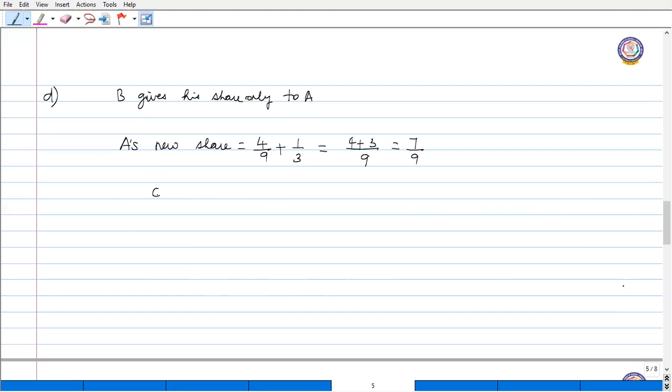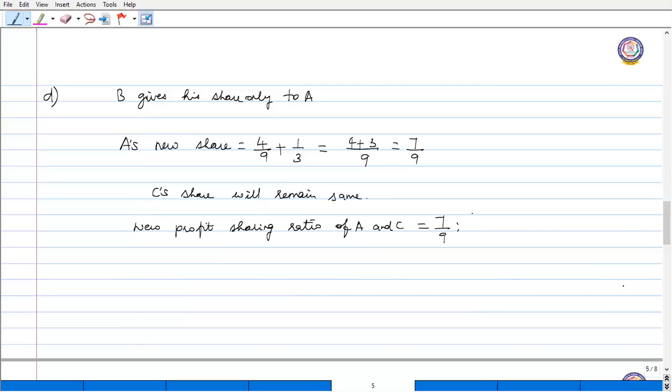C's share will be the same. C's share will remain the same because there is no acquisition of B's share by C. Thus, the new profit sharing ratio of A and C is equal to 7/9, the new share of A, and C's share is going to be the same, 2/9.